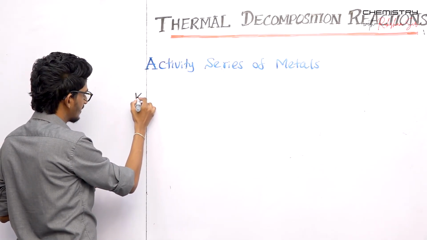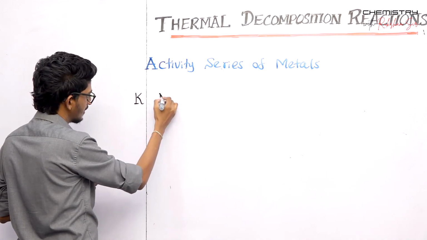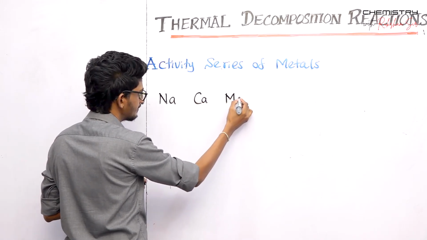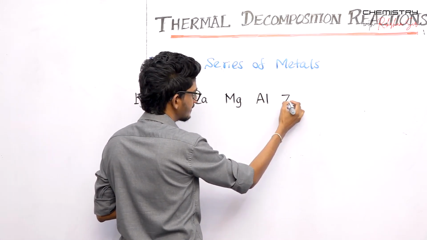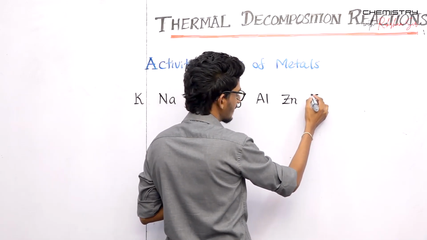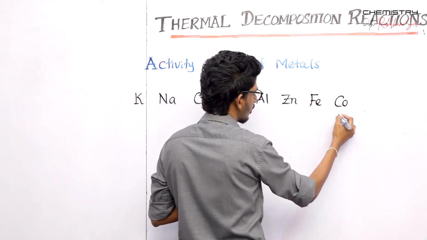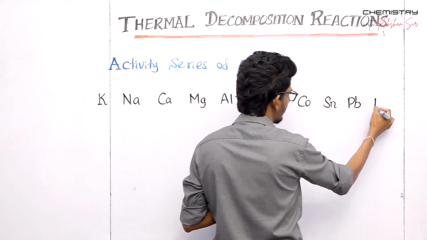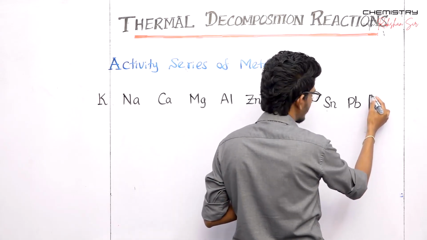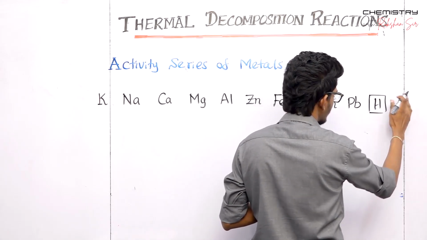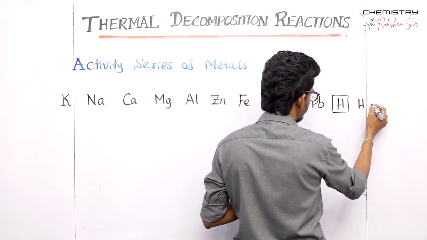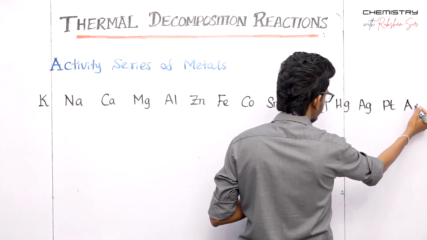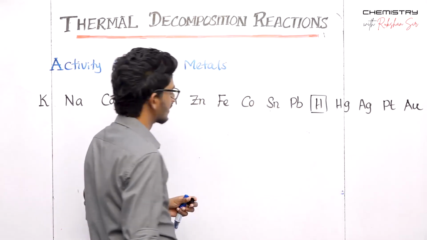These are the metals of the activity series: potassium, sodium, calcium, magnesium, aluminium, zinc, Fe, cobalt, tin, lead, hydrogen, mercury, silver, platinum, gold. Right, these are the metals of your activity series.